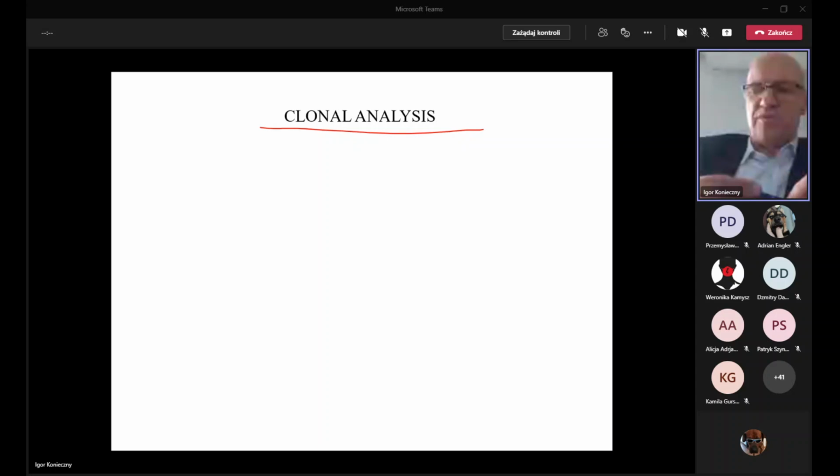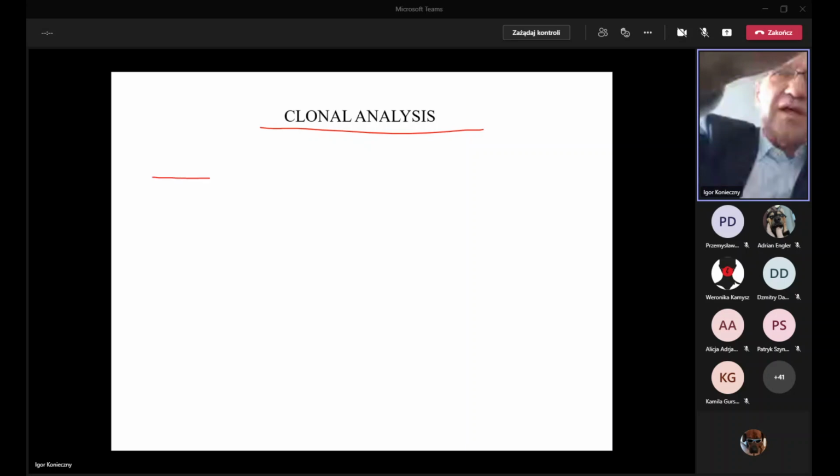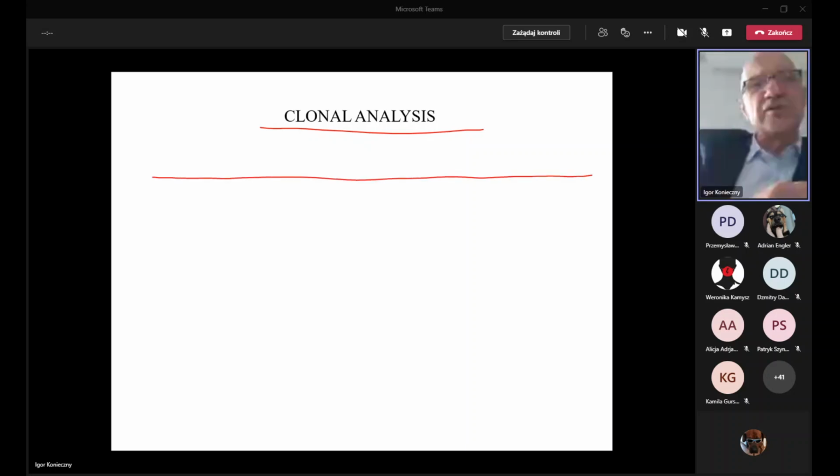So in general, clonal analysis to identify the site for DNA replication would be like this. Let's say that this is the double-stranded DNA or chromosomal DNA, linear or circular, doesn't matter.